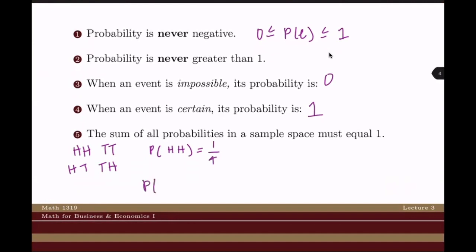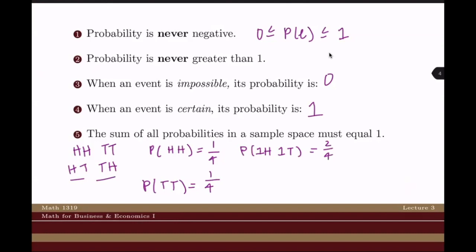The probability of getting 2 tails, we can see, is 1 event out of 4 outcomes. And then the probability of getting 1 head and 1 tail, well, there are 2 places where we get 1 head and 1 tail, so that's 2 out of 4.